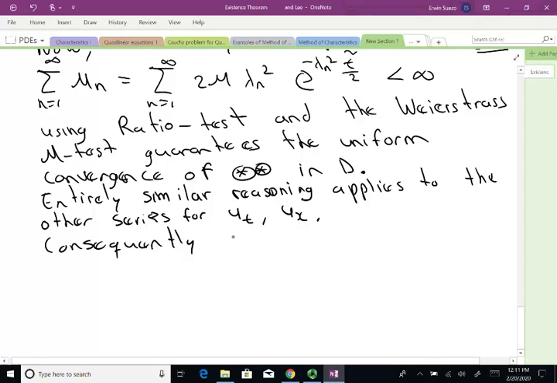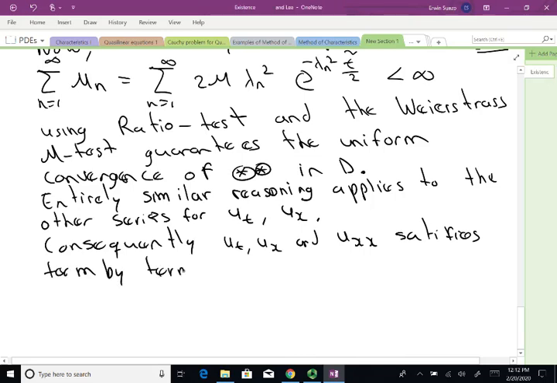Consequently, u t, u x, and u xx satisfy term by term differentiation, and star is a solution, or satisfies the heat equation.